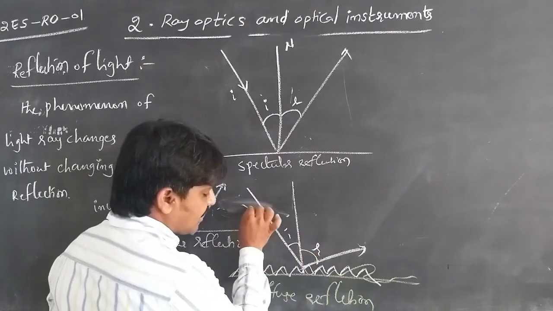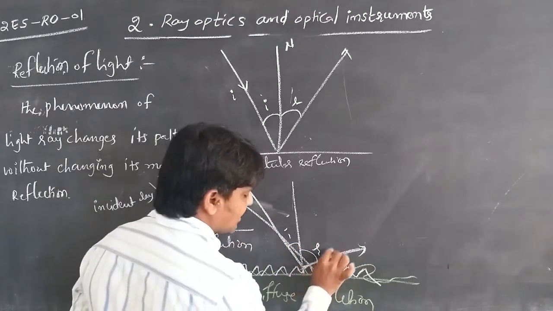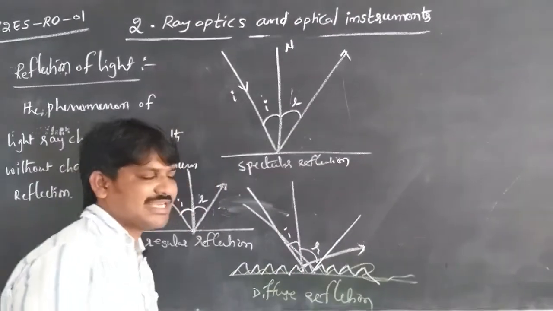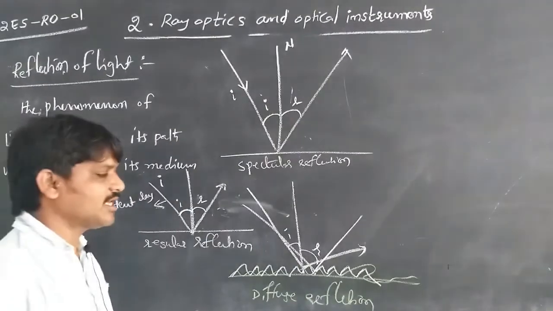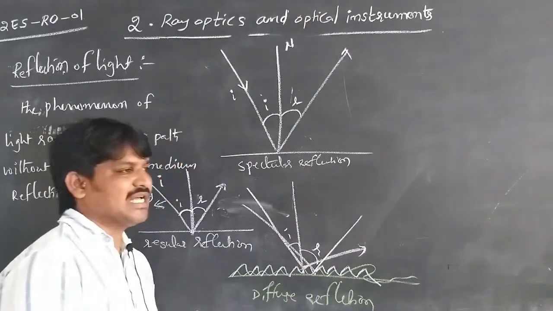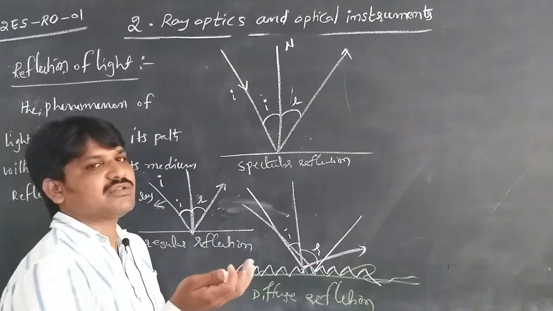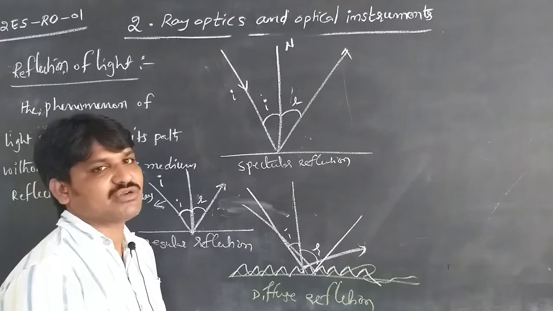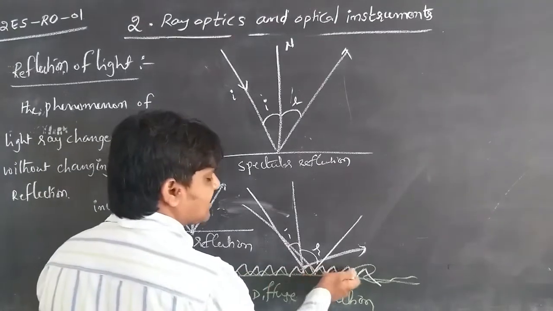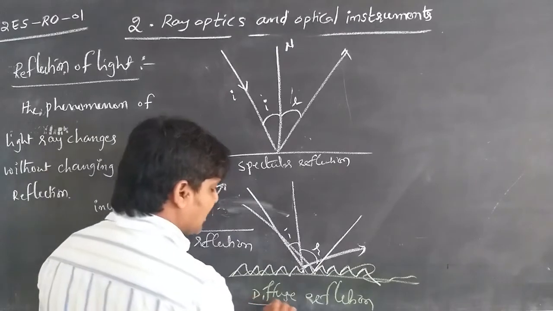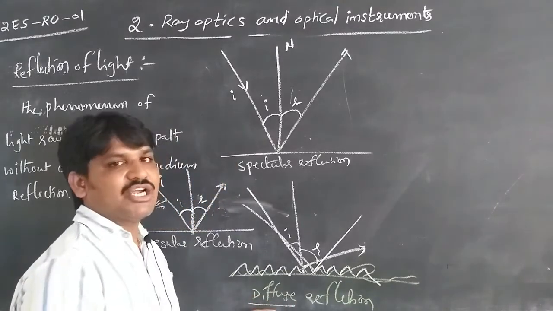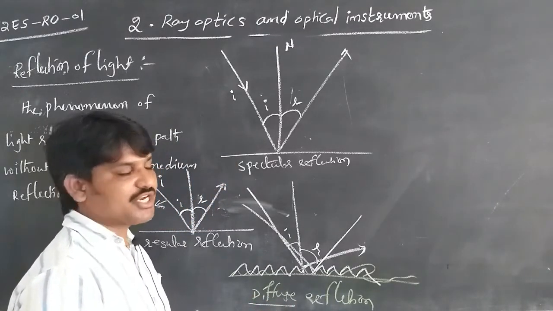So the incident angle is not equal to the angle of reflection, and the reflection is diffused, meaning it has different parts in different directions. That's why this reflection is called diffuse reflection.